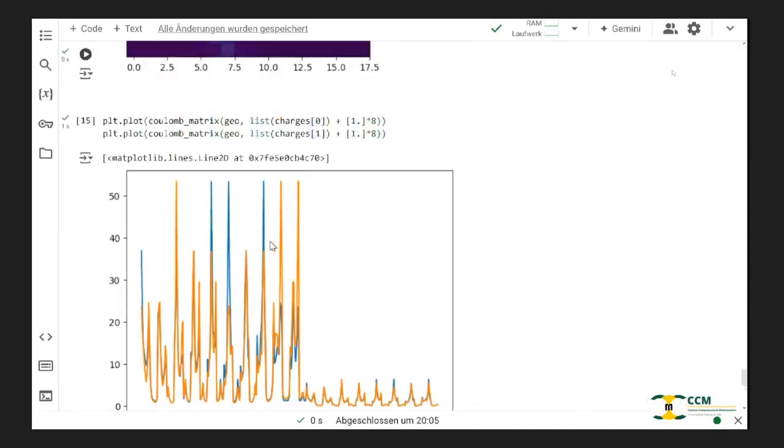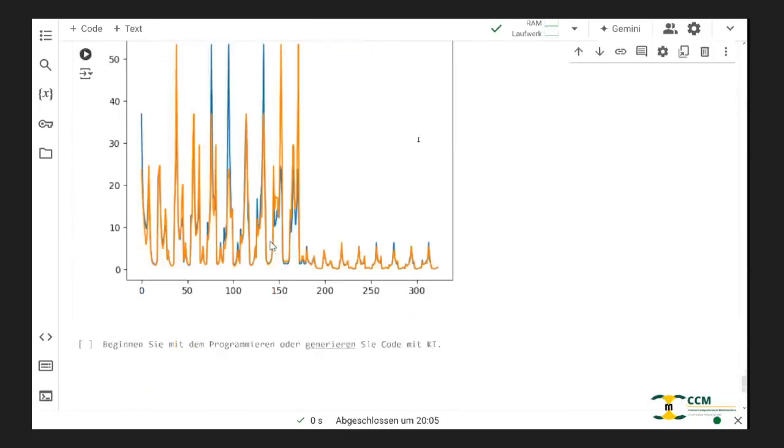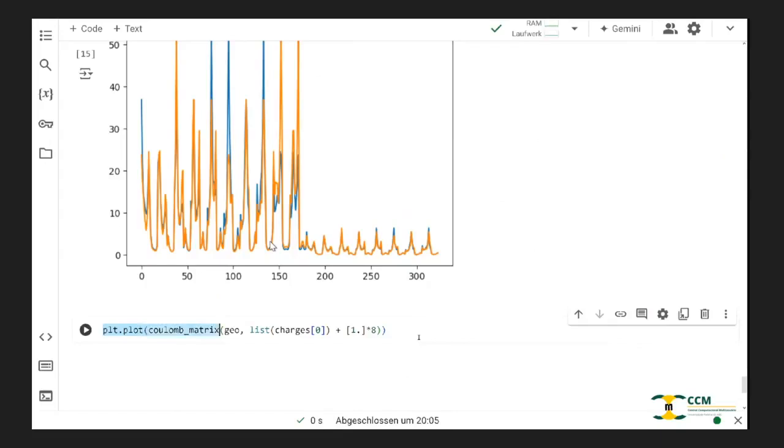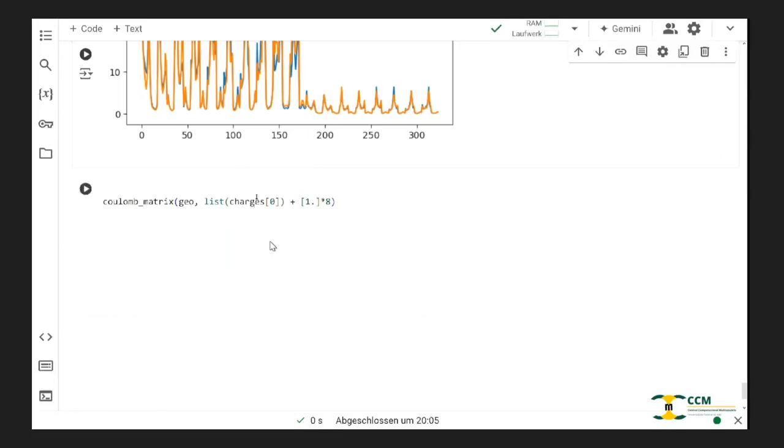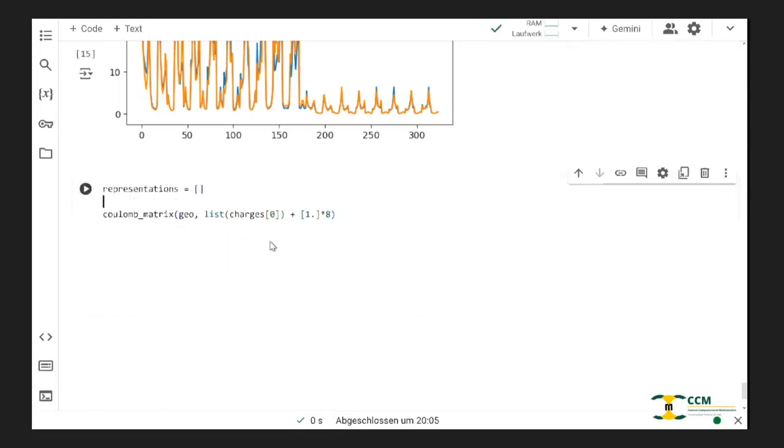Okay, so now we know how to get our Coulomb matrix. Now what we're supposed to do is get us 100 of these representations, right? That was the task. 100 data points, let's build some matrices. So we can do representations, which is a list.